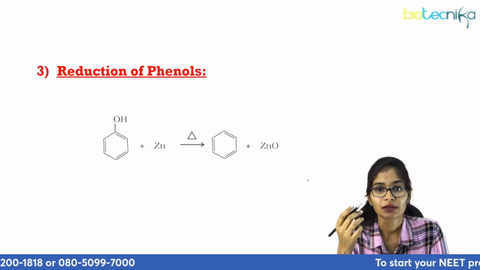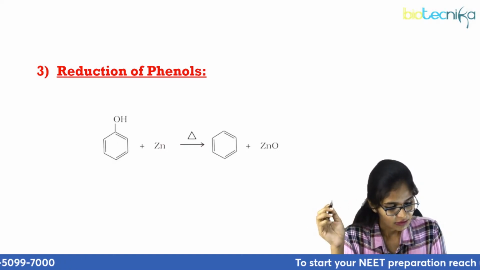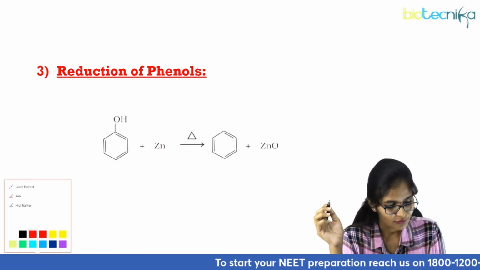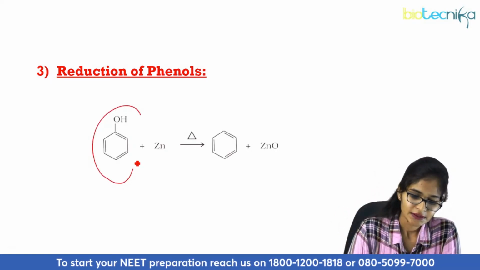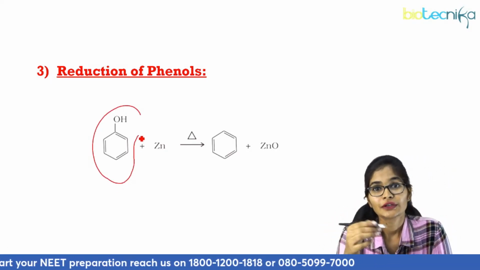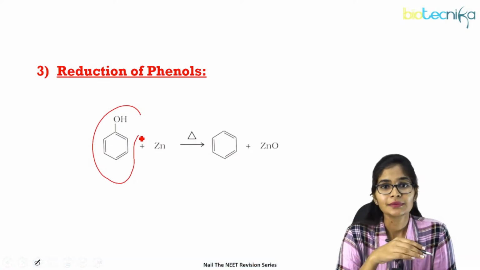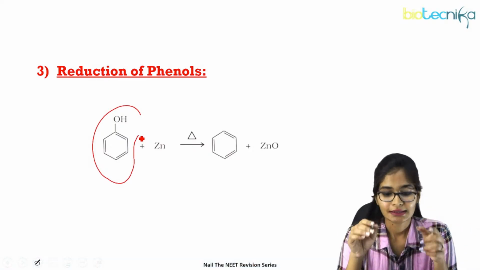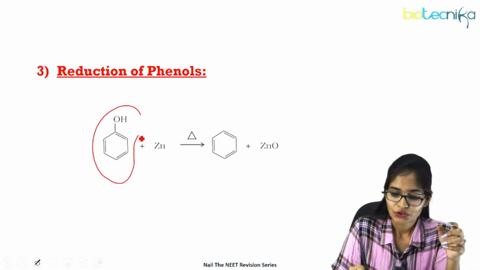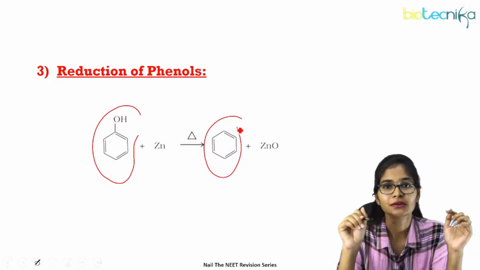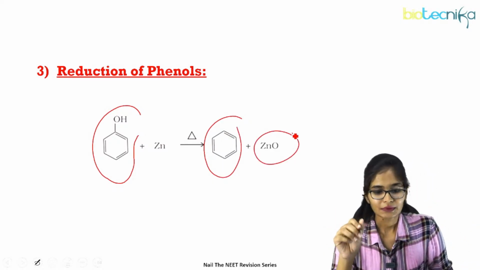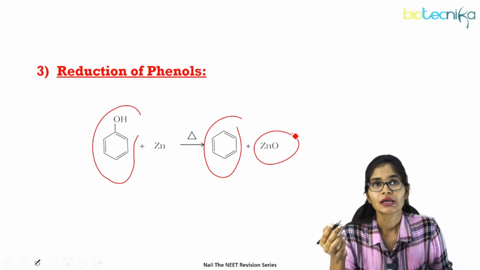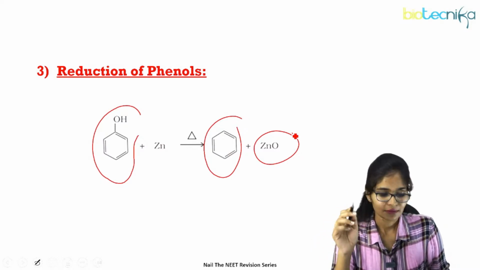And next, reduction of phenols. Phenols can be reduced in the presence of zinc. The phenol vapors are passed through heated zinc, and upon heating you will get benzene as a product along with zinc oxide. So by reducing phenols you get benzene.